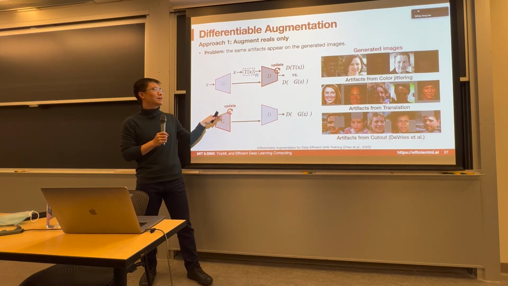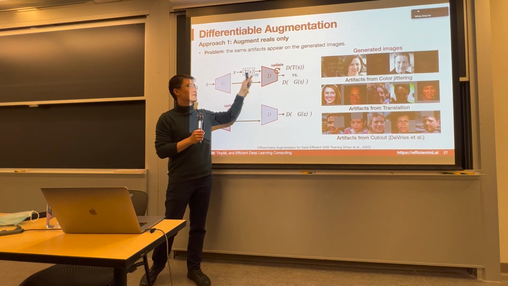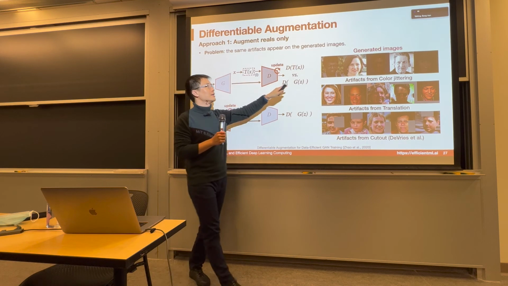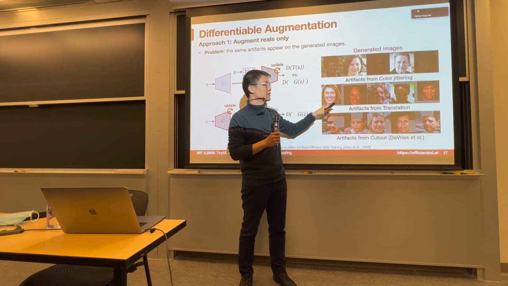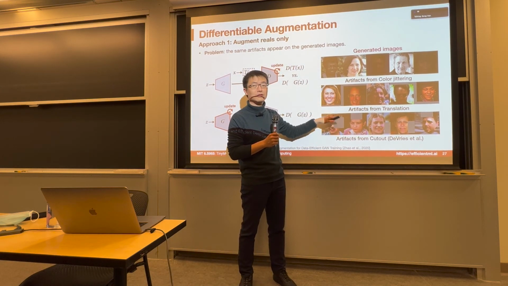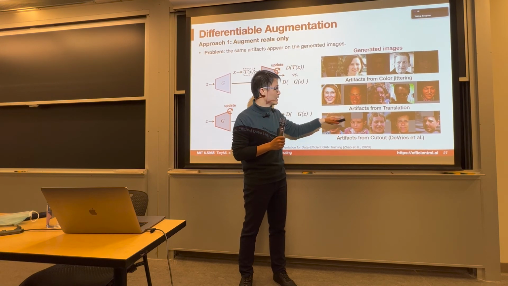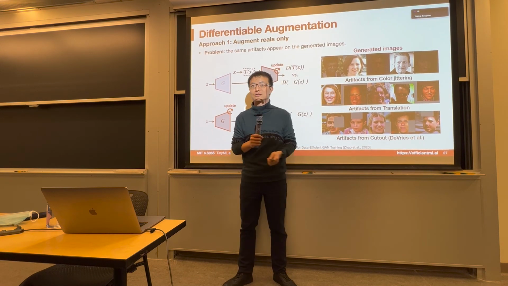The generator hasn't seen this at all, but since the discriminator thinks, oh, this is a real image because it has cutout, or this is a real image because it has translation, right?